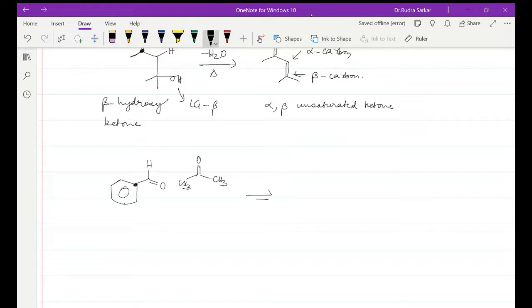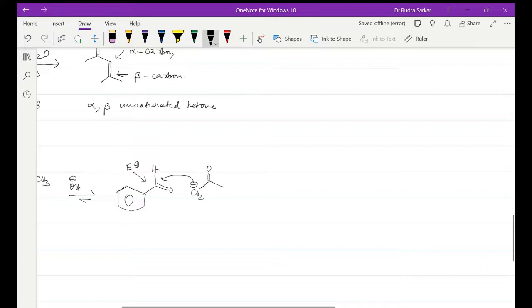that means under the influence of a basic medium, we can think that this is our benzaldehyde, our carbanion. So this is the electrophilic center. This is making a nucleophilic attack. Always consider benzaldehyde to be in excess.